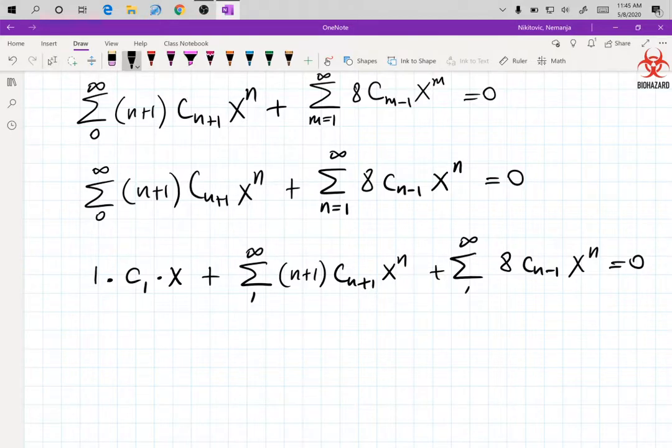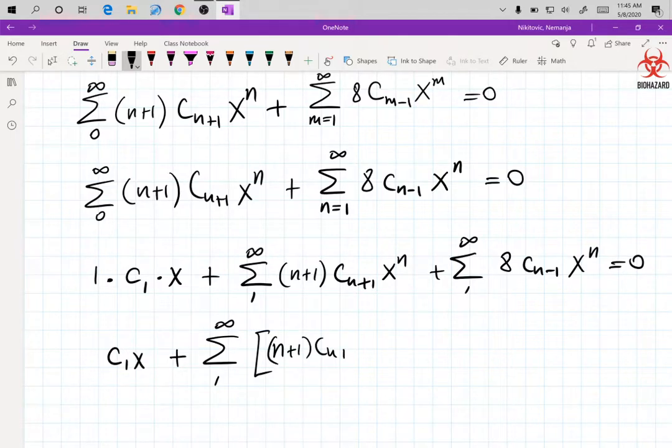Now the first term over here is just c1x. There's nothing there. Plus, and now this is mushed into a same series. And that series is, we have the bracket, we have the (n+1) c_{n+1} plus 8 c_{n-1}, and then x to the n equal to 0.